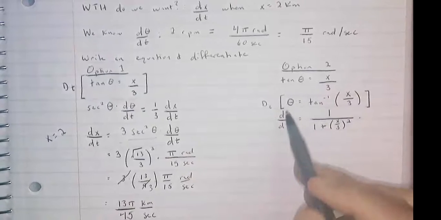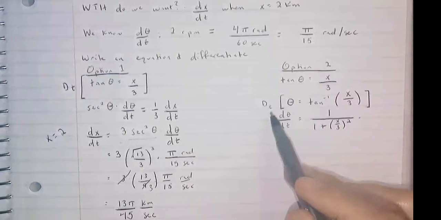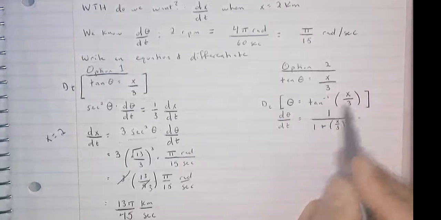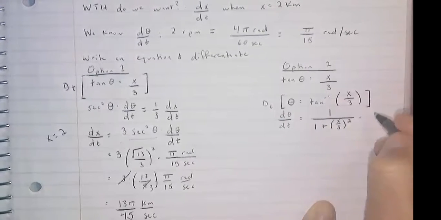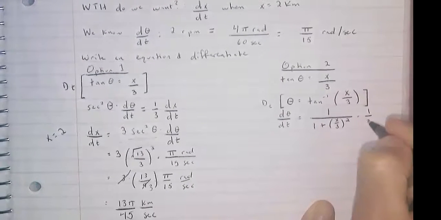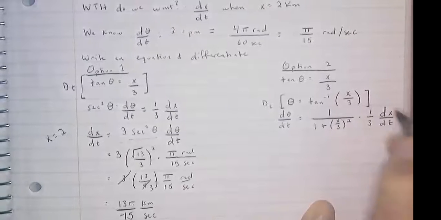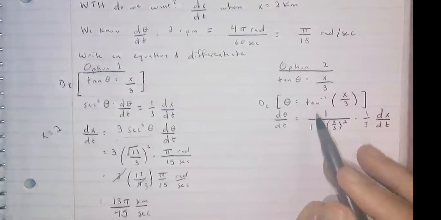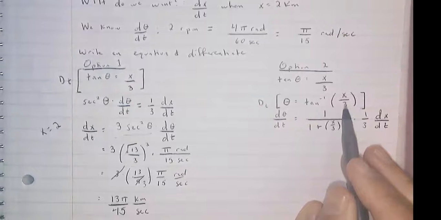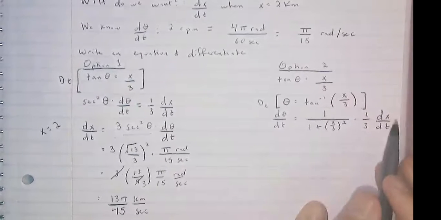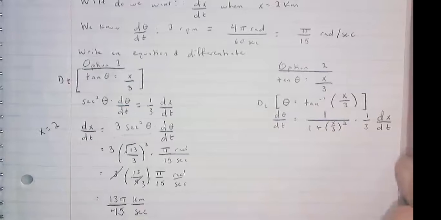Well, again, we are differentiating with respect to t. This is the tricky moment right here. The derivative of x over 3 with respect to t is 1/3 dx dt, because x itself is a function of t. So when we differentiate x over 3, we have to chain rule, or basically, we have to implicitly differentiate.